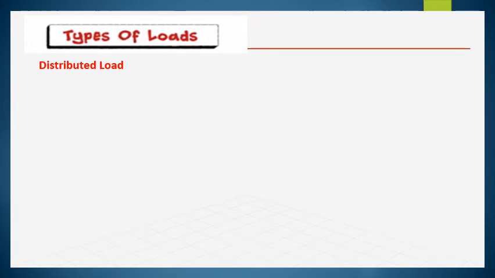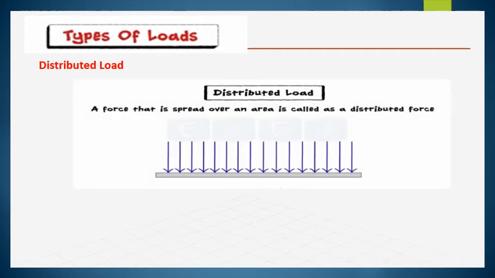The next type of load is the distributed load. If the force is spread over an area of considerable length which cannot be neglected, it is called a distributed force.